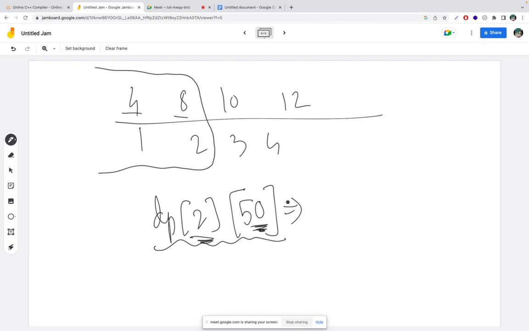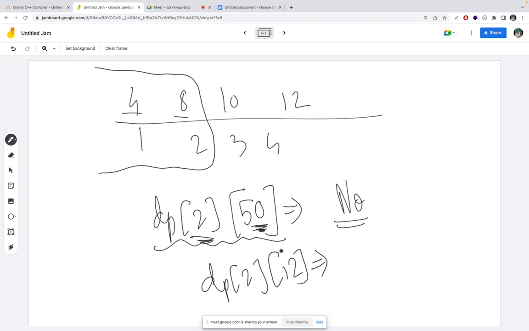Can it ever become 50? So if some guy comes and tells you, then what will be the answer? So are you sure? So this is yes. What is the number which is making sum 12? Okay, very good. So guys, I hope the thing is clear.